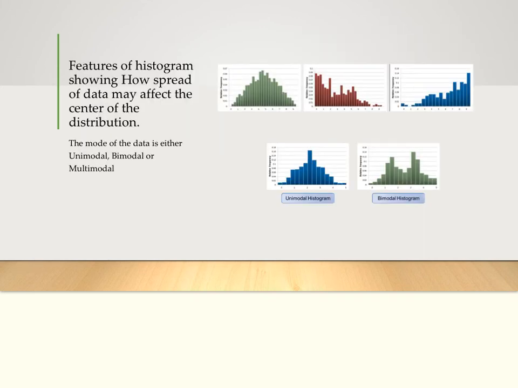Well, here are some other features that we want you to look at, right? Here again is kind of a symmetrical distribution, right? It appears that on either side of the center things are relatively even. Here it is skewed right, right? Skewed right.